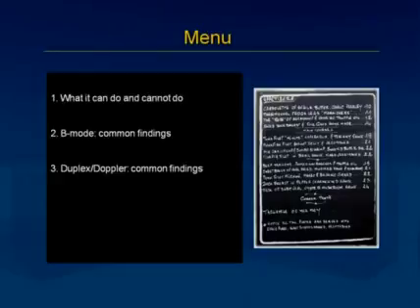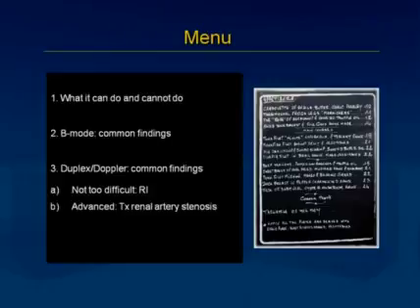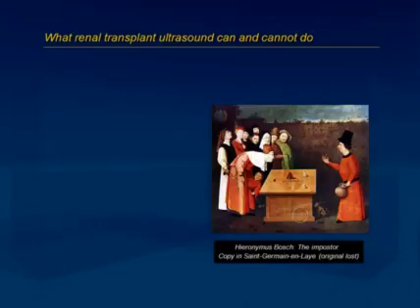We'll go over common findings and start with the not so difficult things such as measuring the renal resistive index, and then move on to the more advanced evaluation of transplant renal artery stenosis. And finally, I'll try to formulate a standard, as it were, of what a proper renal transplant ultrasound should cover.